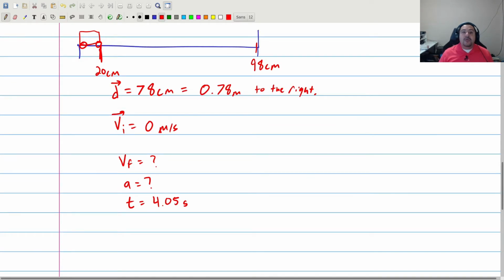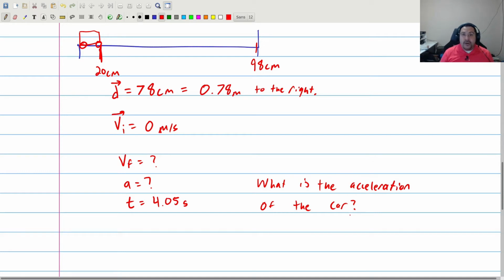So let's say we were asked to find, first of all, the acceleration of the car. Well, in order to find that, I need to use a kinematic equation. And I'm going to look at my kinematic variables. And I see that I have a distance, I have a v initial, I have a time, and I'm looking for acceleration.